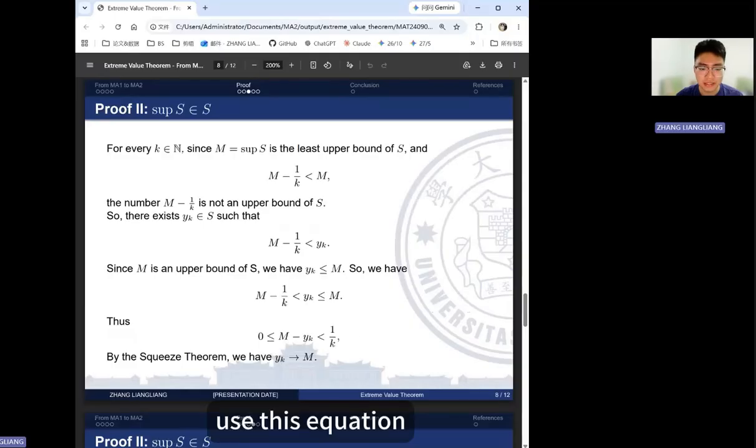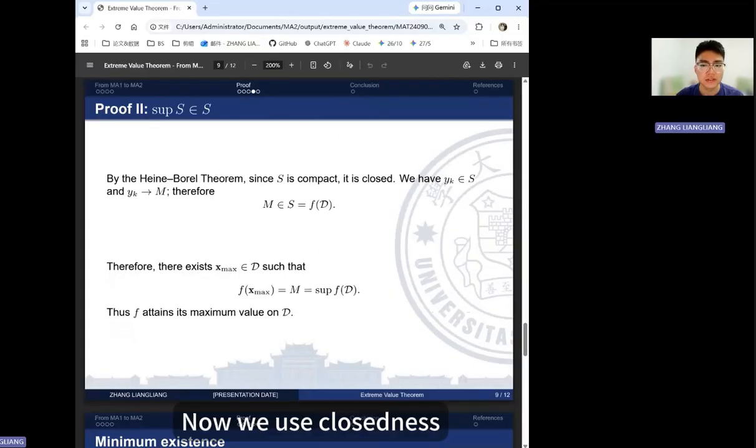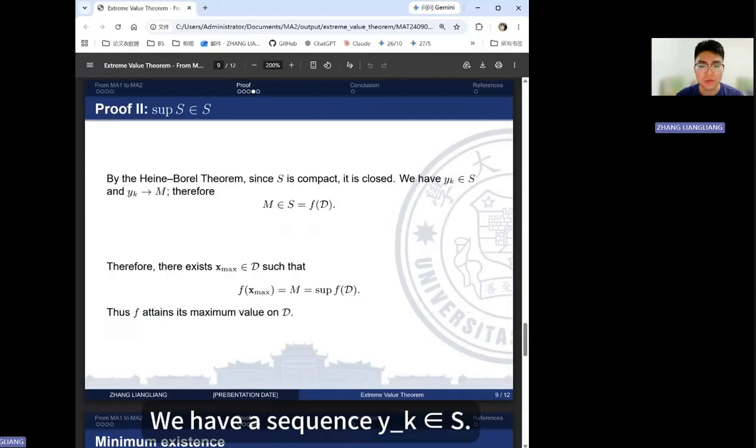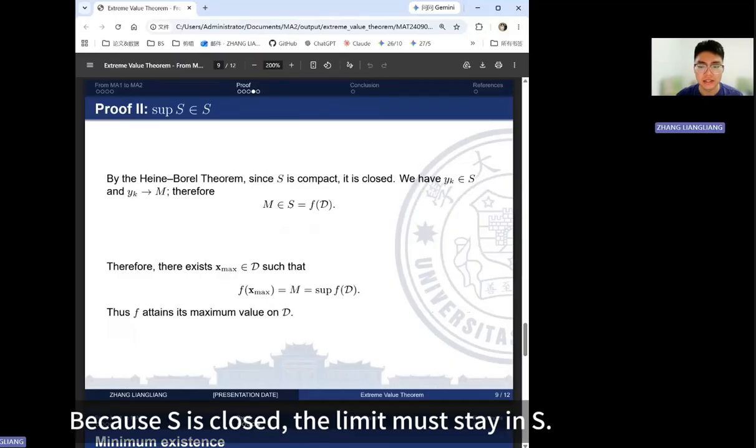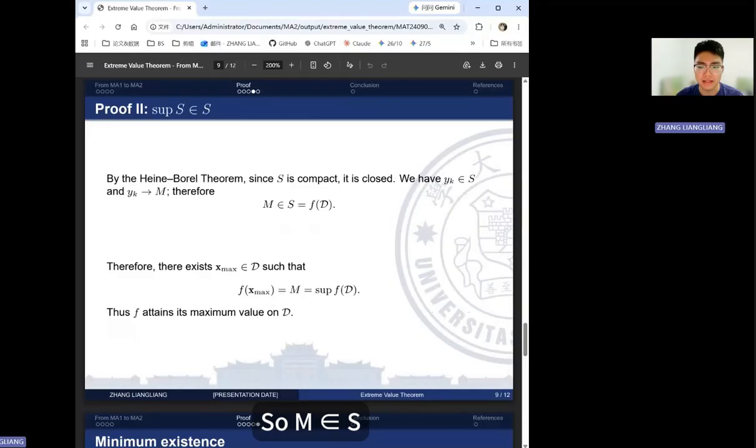So by the squeeze theorem, yk approaches M. Now we use closedness. Since S is compact, S is closed. We have a sequence yk in S, and this sequence goes to M. Because S is closed, the limit must stay in S. So M is in S. Also, M is in f(D).